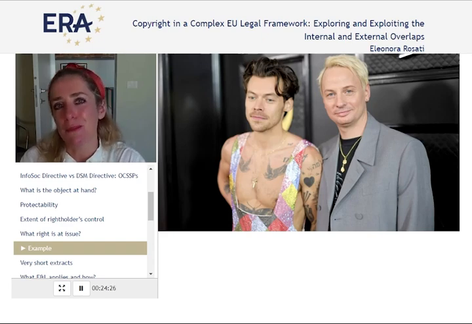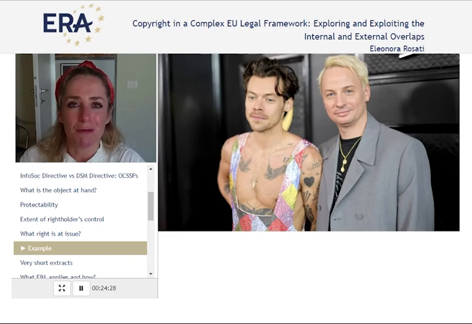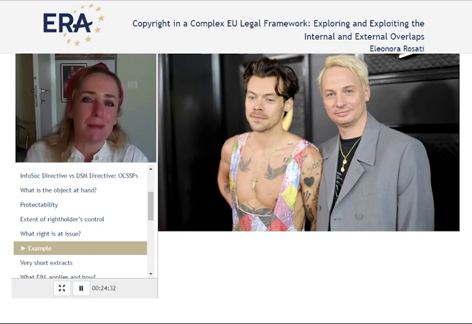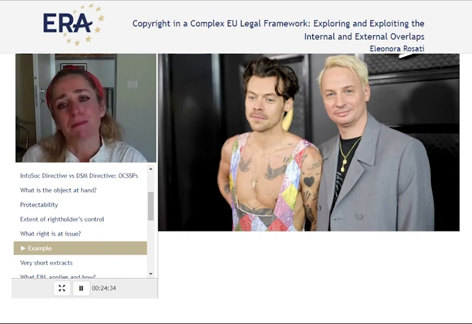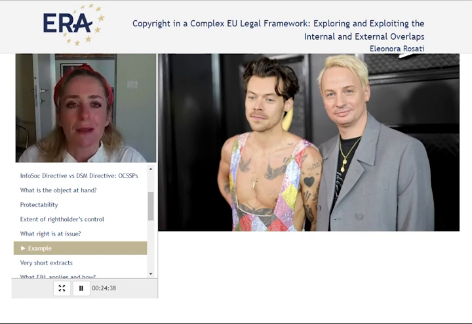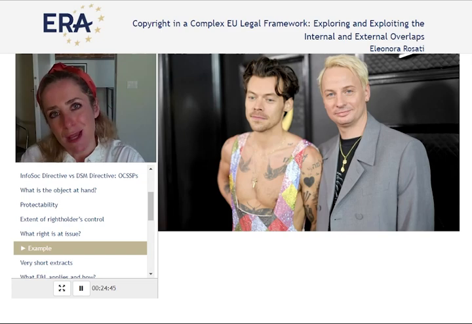So in the case of a music producer, as was the case of Pelham, what is safeguarded is their investment in the production of the phonogram. So in particular, the Advocate General's opinion suggests that the right of reproduction in this case protects investment.